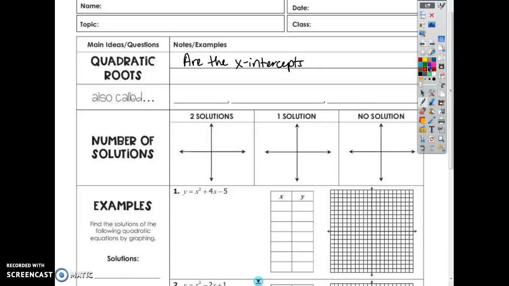Okay, which are also called the zeros, roots, solutions. So there's different names that we use. We use X-intercepts, zeros, roots, solutions. Okay?